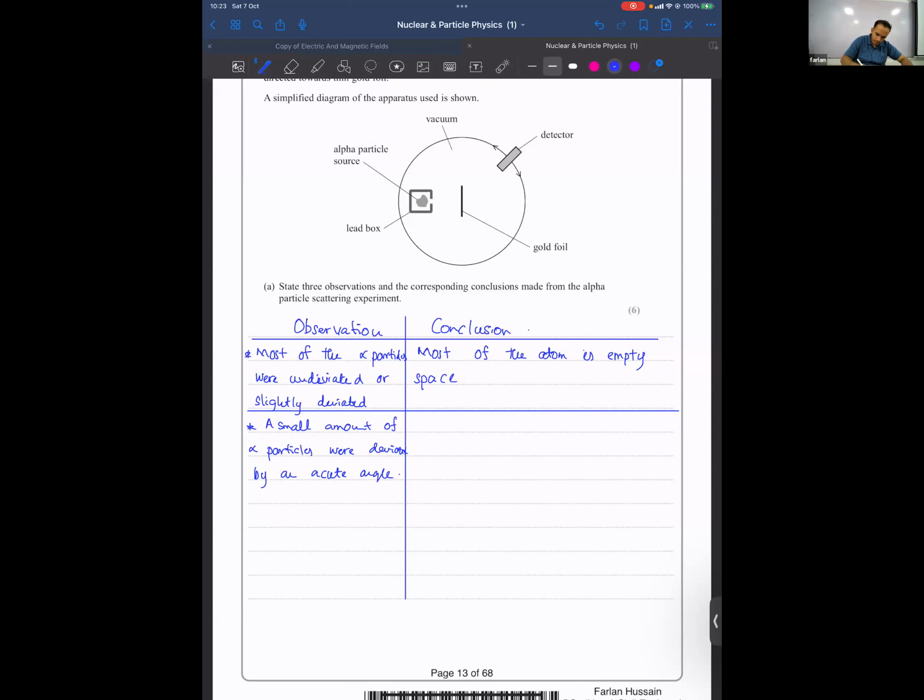Then you can see the conclusion: a high charge is concentrated in the middle of the atom.